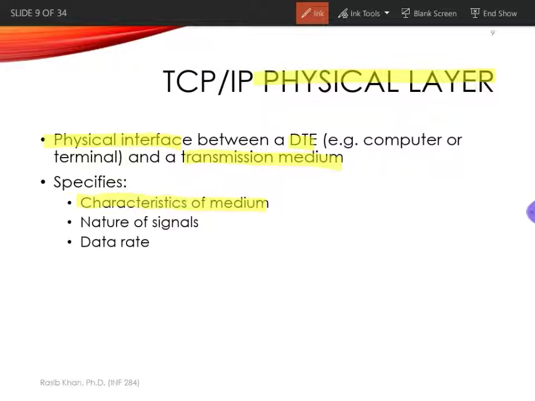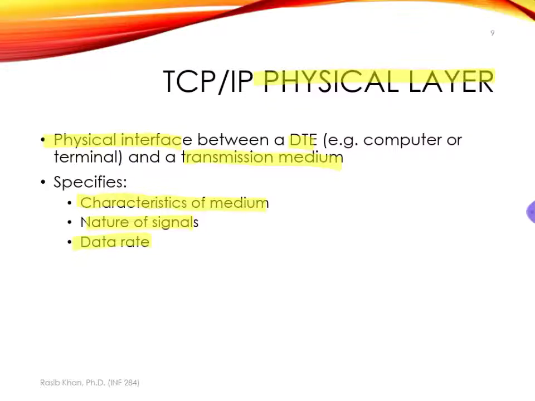For example, if it is wired or wireless, the nature of signals, how this medium is going to send and receive the binary bits, what are the supported data rates for each of these mediums, so on and so forth, and how this overall modulation and interpretation of the bits would occur in the physical layer.